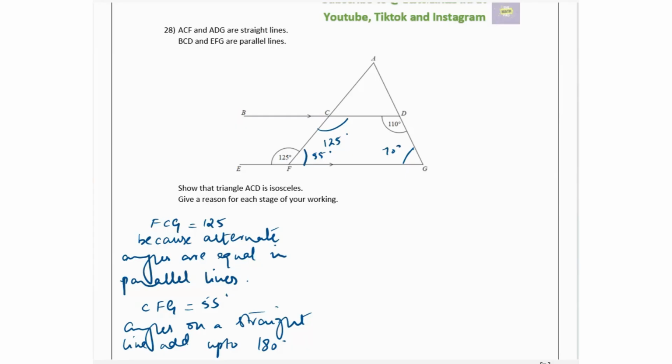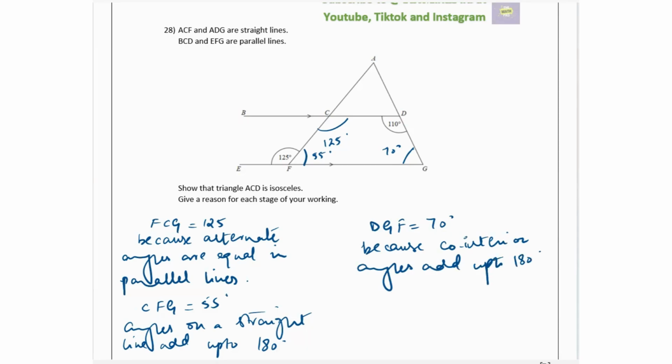So DGF equals 70 degrees because co-interior angles add up to 180. Alternative method was that you would have subtracted 125, 55, and 110 from 360 because this makes a quadrilateral. And then that would have given us 70 as well.